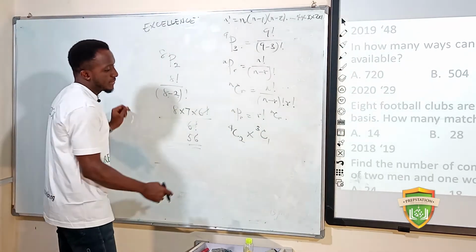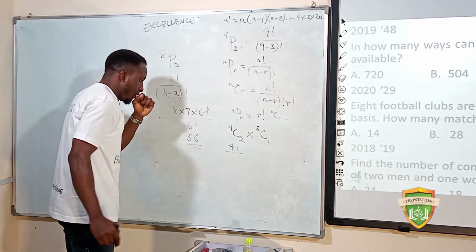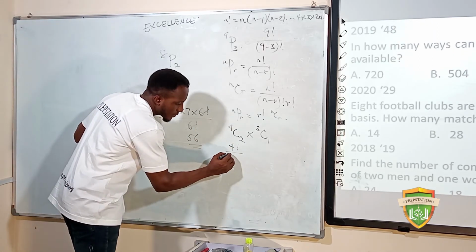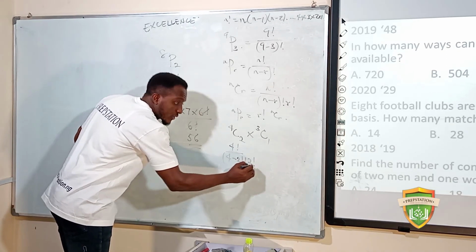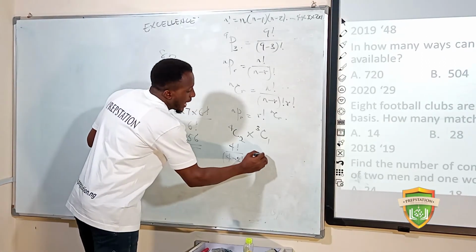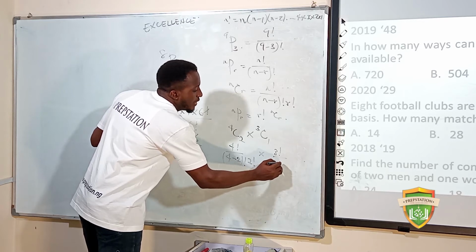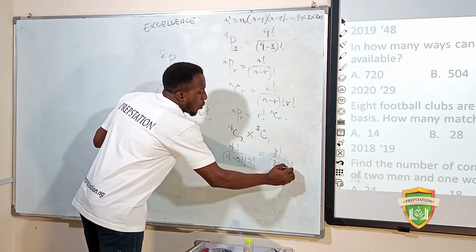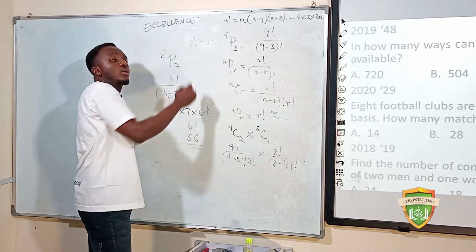So we can solve that. So this is 4 factorial over 4 minus 2 factorial, 2 factorial, from the rule, times 3 factorial over 3 minus 1 factorial, 1 factorial. Please note that 1 factorial is 1.